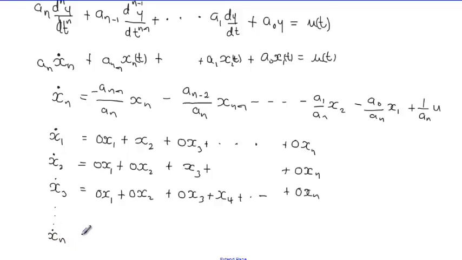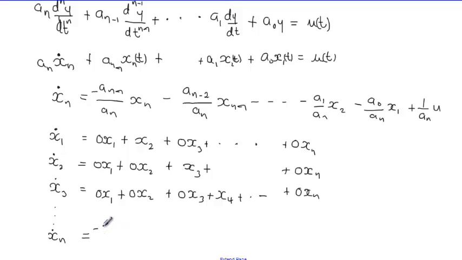So we'll continue this up to xn prime, and now we can reorganize this and start with x1 to have the same organization for the variables x1, x2, xn.